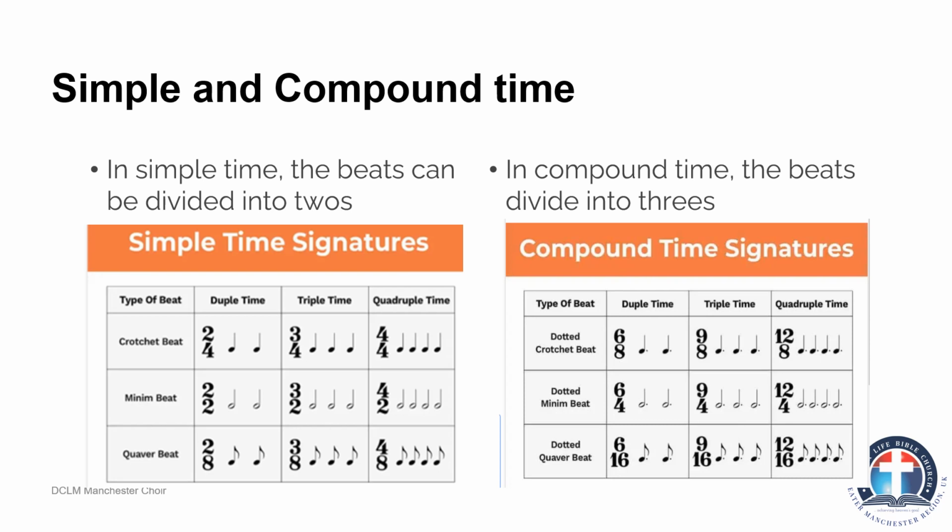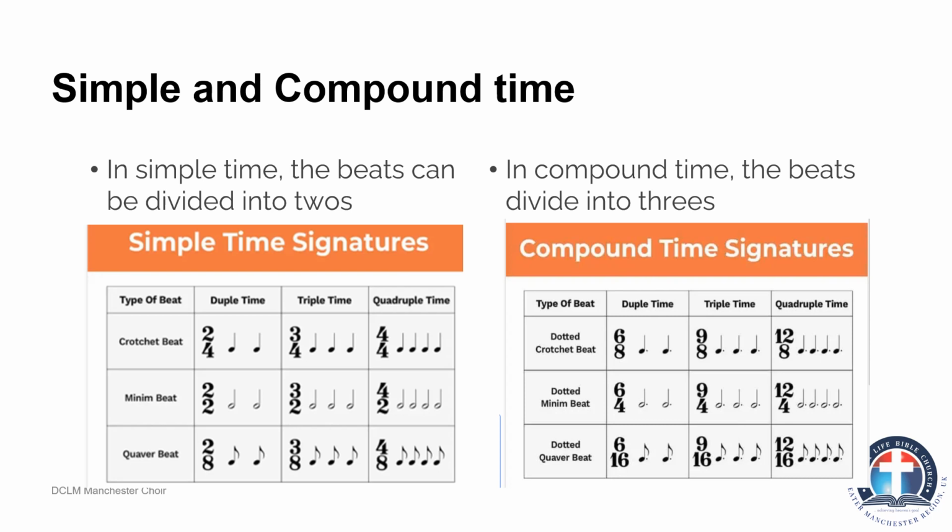So if you look at this demonstration, simple time, you would notice this crochet you can divide into two, and it gives you two quavers. You can divide it into two, no problem. If it were a minim beat, you can divide this minim beat into two to have two crochet notes, and again two crochet notes here.